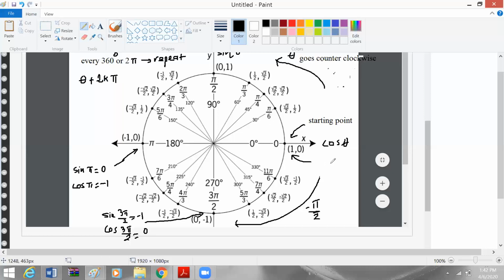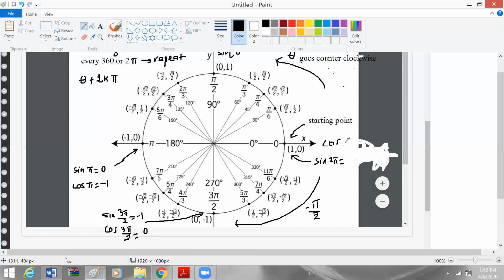So for that example, we can rewrite the sine of 2 pi, which is the same as the sine of 0. Let me just draw this one. I just want to give some space right here so I can write a little better. Okay, so let me just rewrite this.